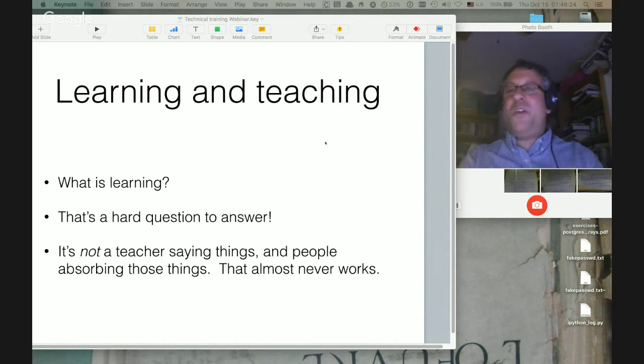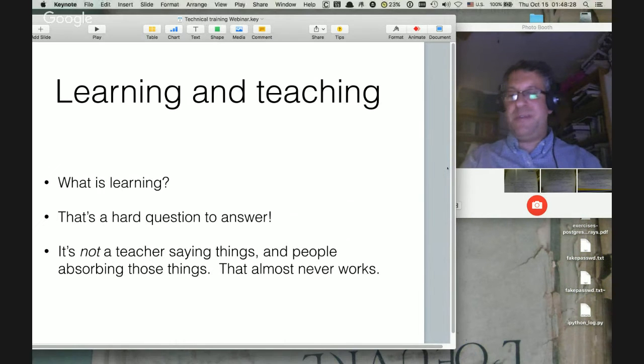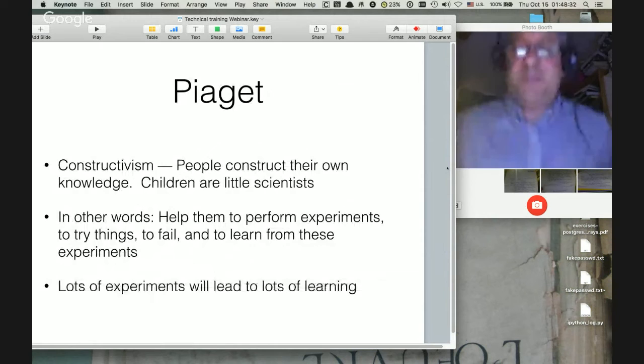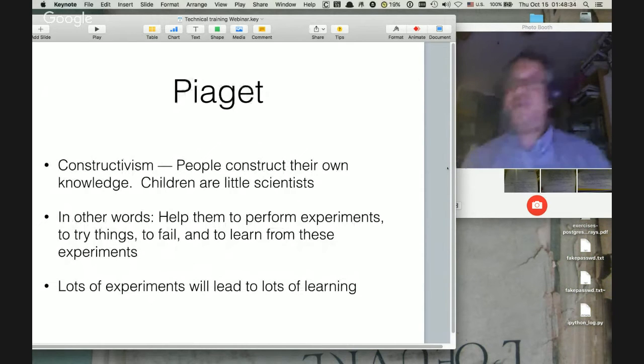So there's been a lot of research, a lot of thought into what learning is. I want to introduce you to some of the big names and ideas in that. One of the most famous names in educational psychology and education research is Jean Piaget, who was a mathematician, and he thought a lot about how we construct knowledge.